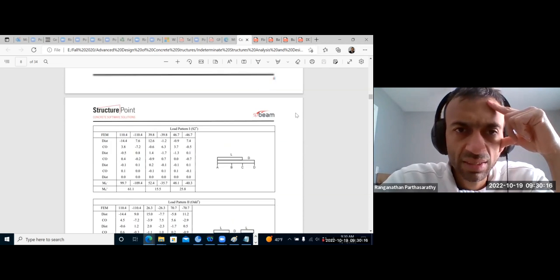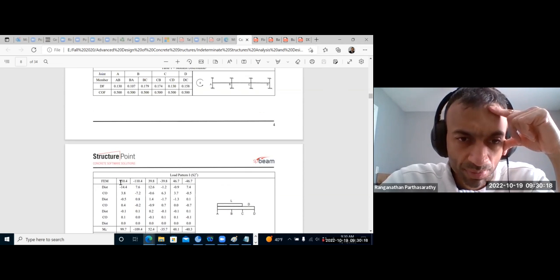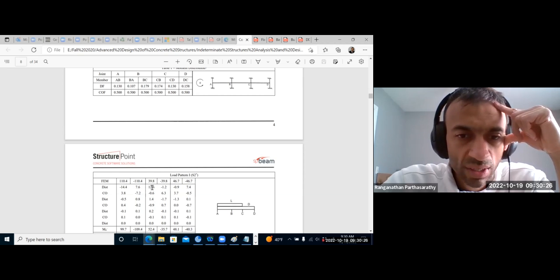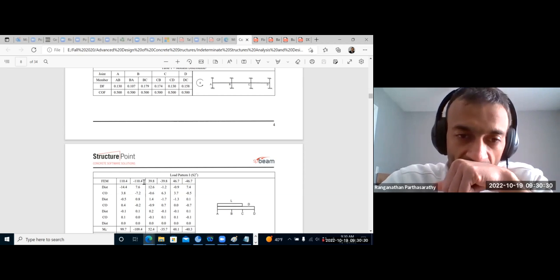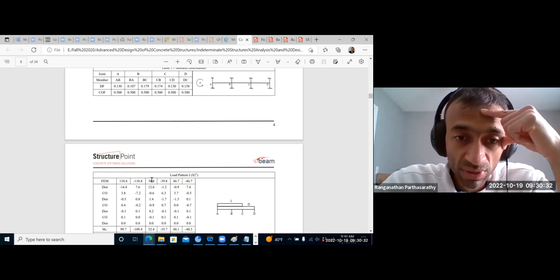You can just check one of them. The fixed end moment is negative 110.4 on the left, and on this joint positive 39.8, negative, and so on.